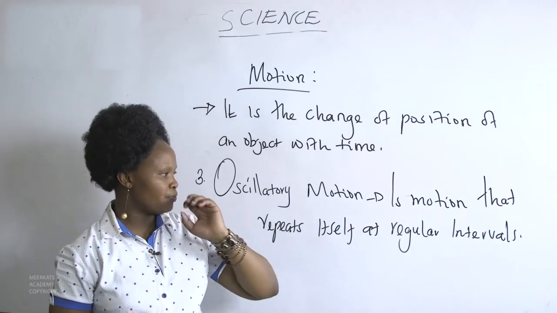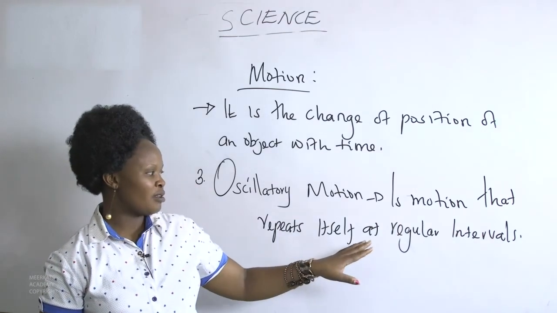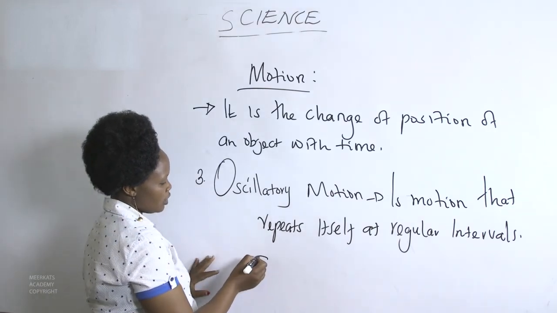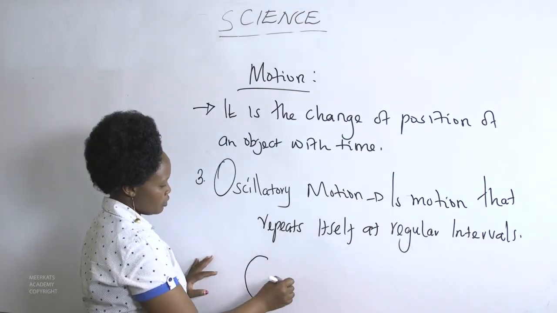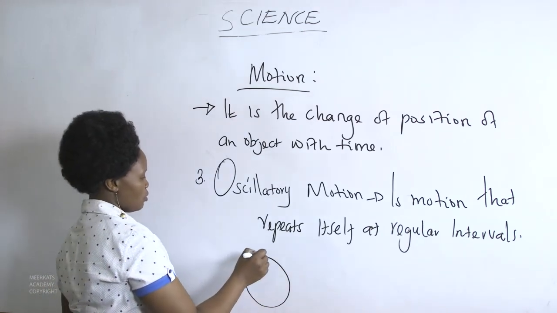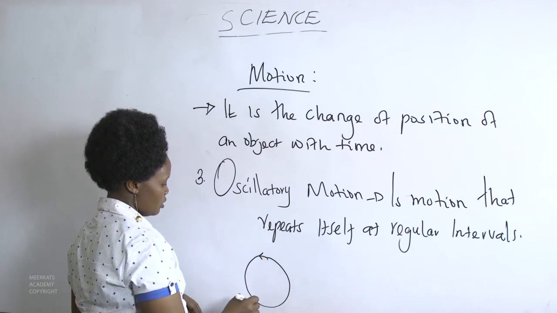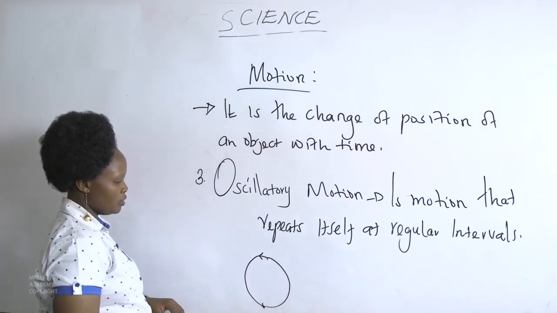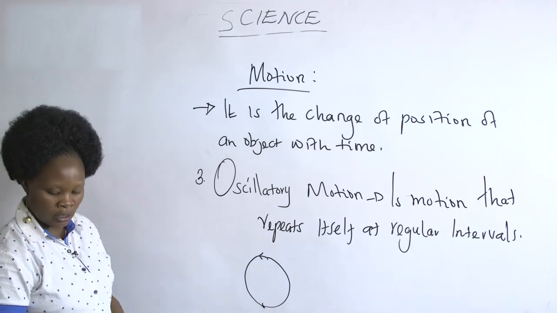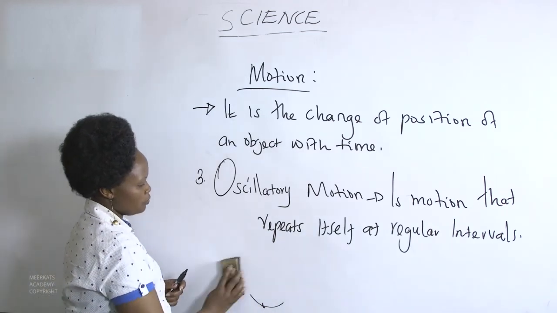For example, the motion described by a carousel is motion that would follow a circular path, or what we call the circular kind of motion.